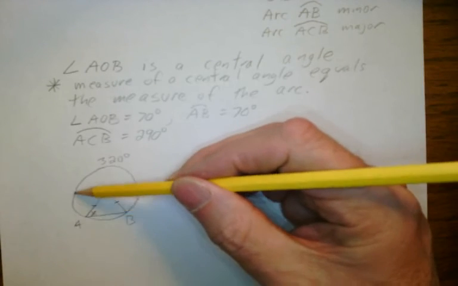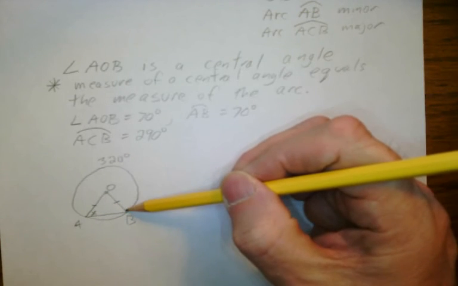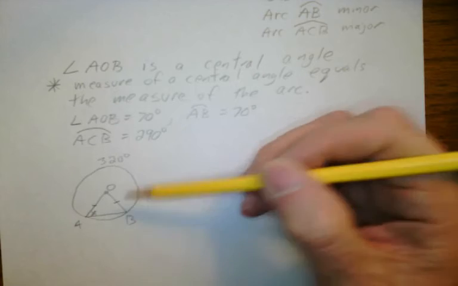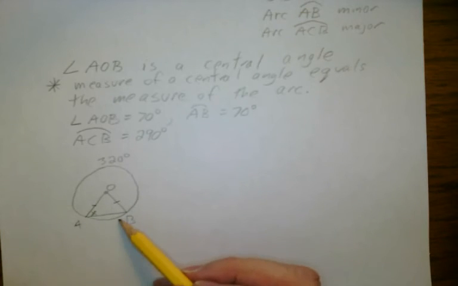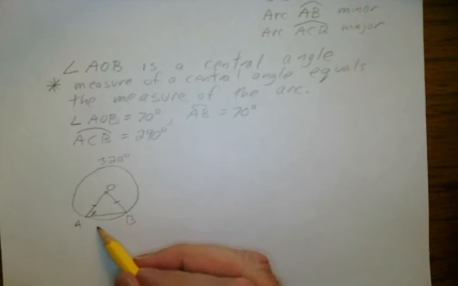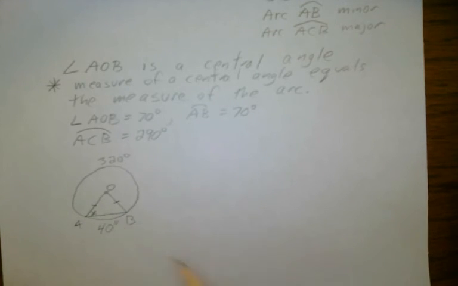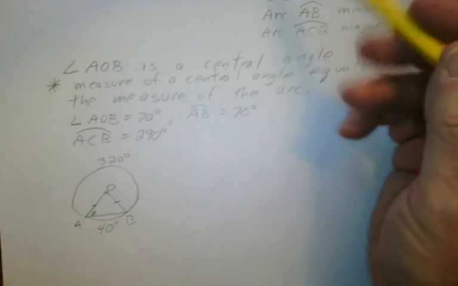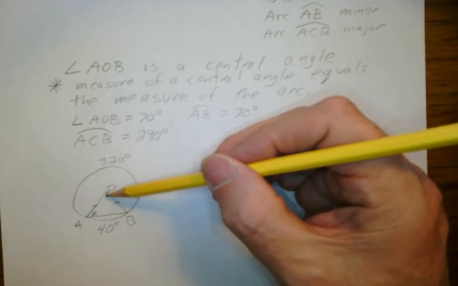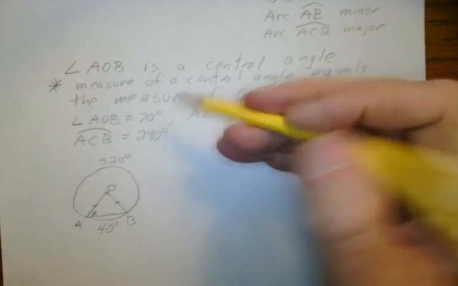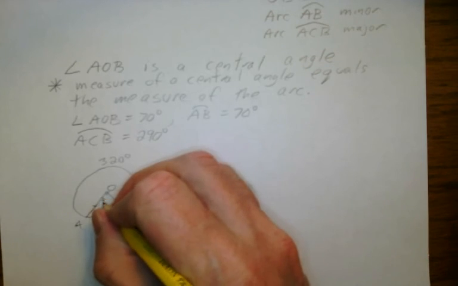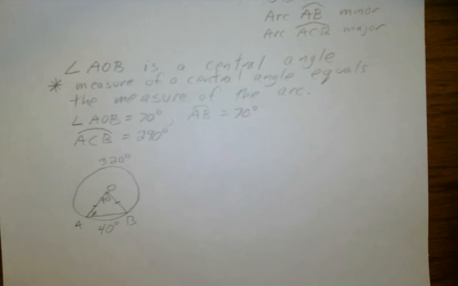Well, if the major arc from A to B is 320, the minor arc from A to B is going to be 40 degrees. How? 360 minus 320, because all the way around is 360. Now, what we learned today is that the central angle equals the arc. So this central angle is 40 degrees.